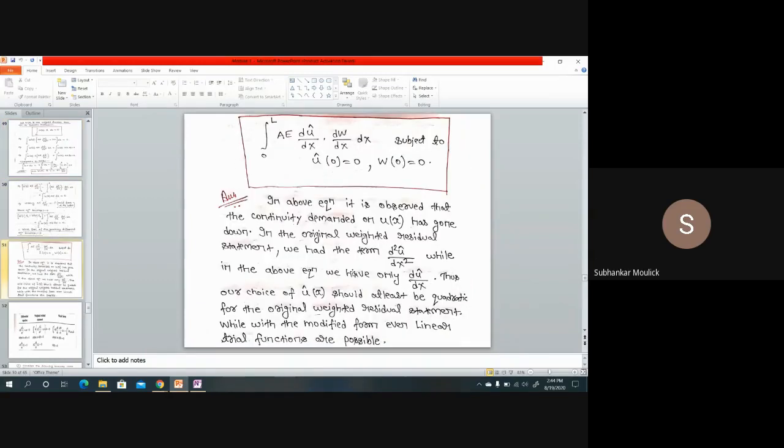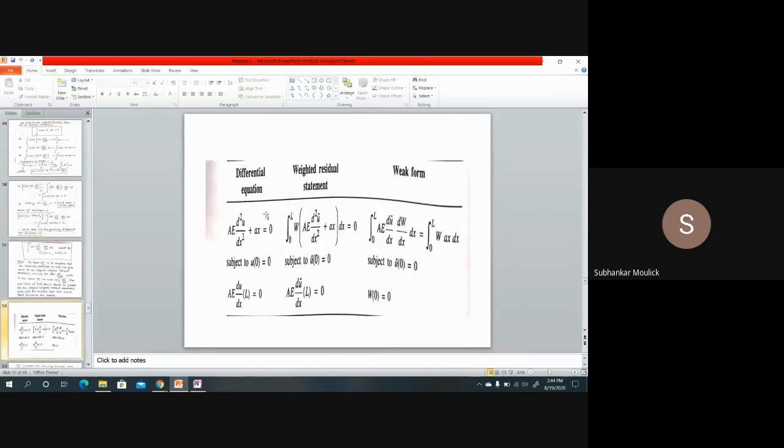Same thing: the weighted residual Galerkin statement, subject to the boundary conditions. Because here you have taken the approximate solution u cap, you have to change the boundary conditions. In place of u it will be u cap of 0 equal to 0, and A E du cap by dx at x equal to L is 0.